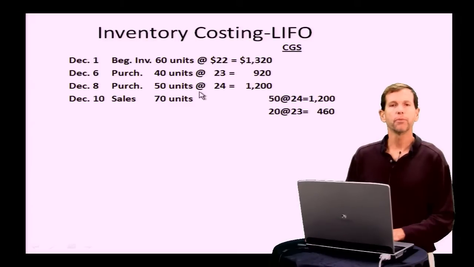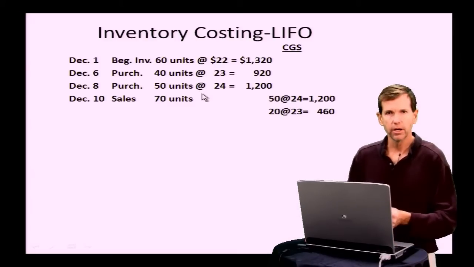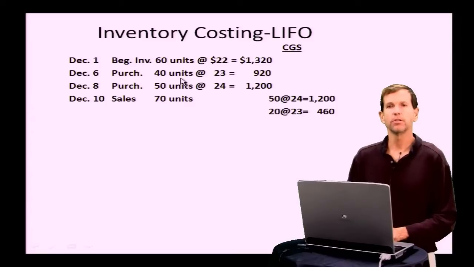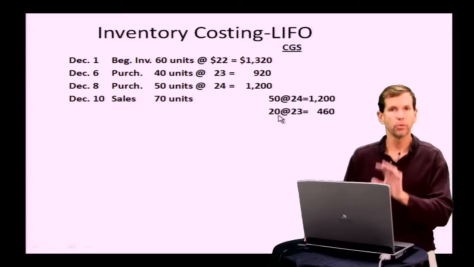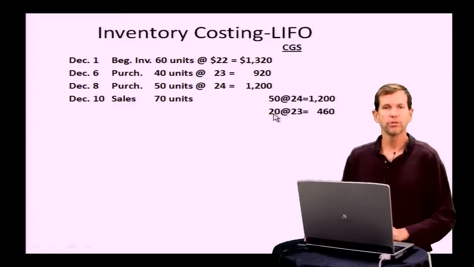Once we've used up the last layer, we go to the next to last layer, this batch that cost us $23. Well, we sold a total of 70, so we need to dip into this layer to the tune of 20 units. So that's why I put over here in cost of goods sold 20 units at $23. Okay, so we've recorded our first sale.